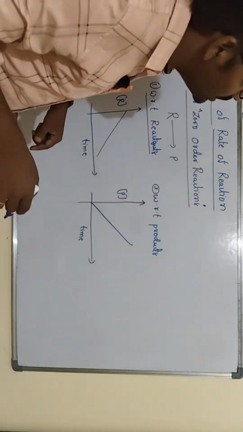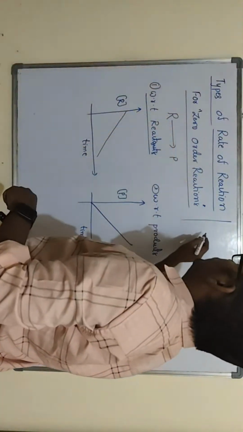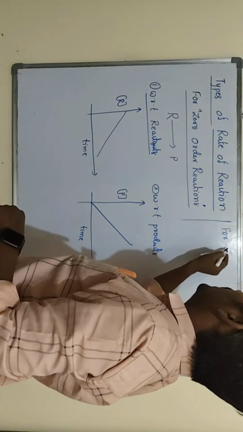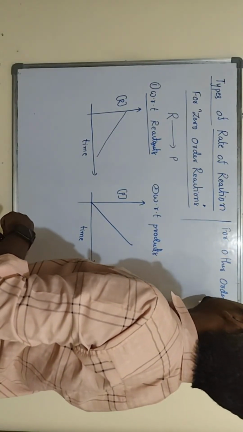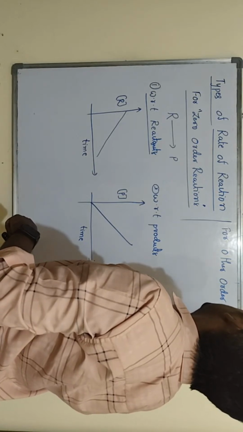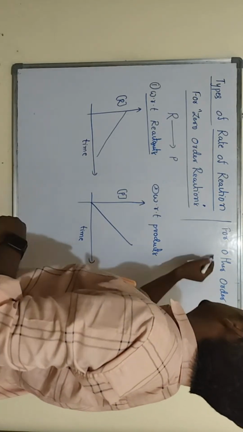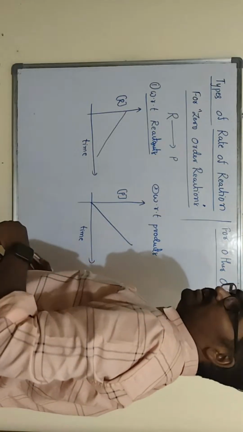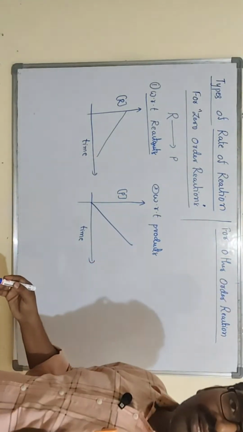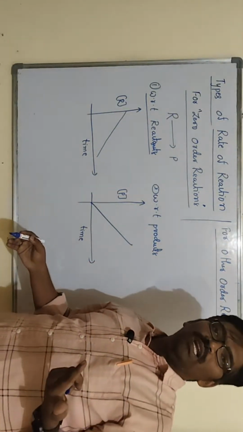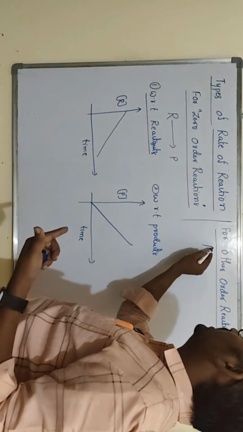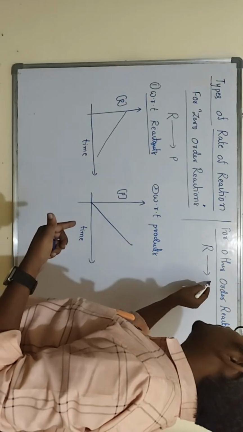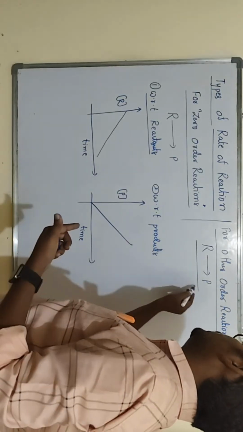For other order reactions, that is first order, second order, third order, all these reactions, the concentration exponentially decreases or exponentially increases. Consider a reactant converted into product.